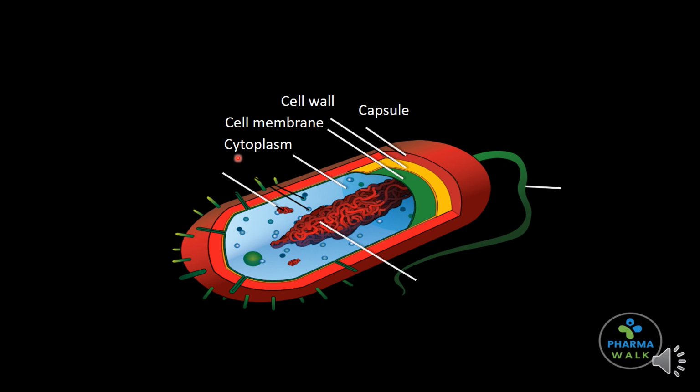This fluid is known as cytoplasm. If we want to know cytoplasm, we can divide it into two parts, cyto and plasm. Cyto means belonging to the cell and plasma means plasma-like fluid. So, cytoplasm is a gelatinous material or fluid present inside the bacterial cell which provides all the nutrition to the bacteria.